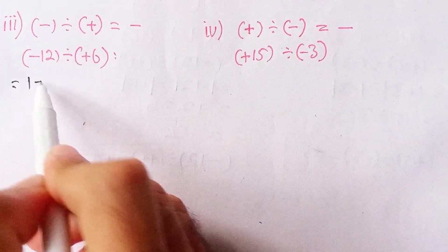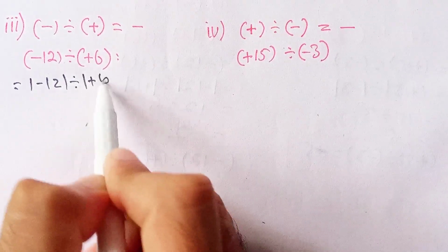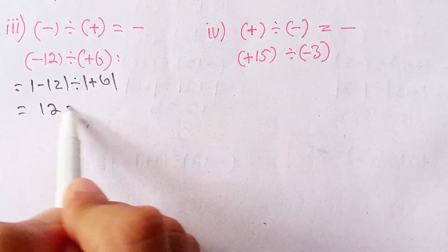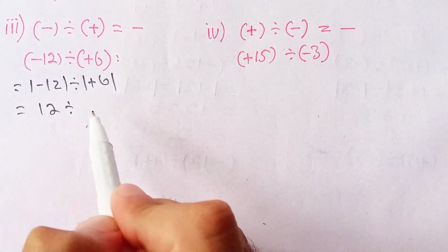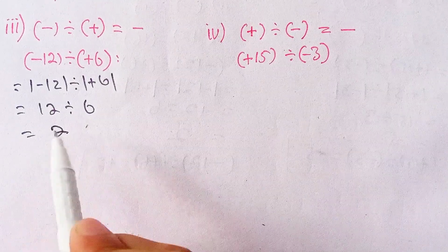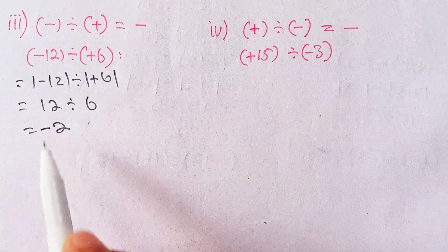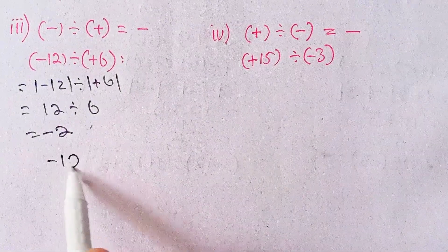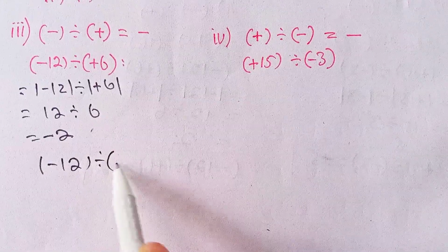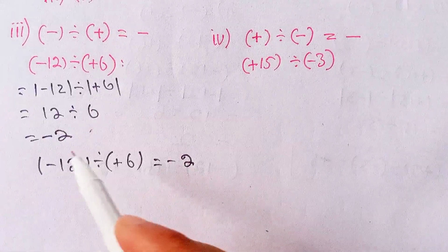The absolute value of negative 12 equals 12 and the absolute value of positive 6 equals 6. 12 divided by 6 equals 2. Now as the two integers have different signs, our quotient will be a negative integer. So negative 12 divided by positive 6 equals negative 2.